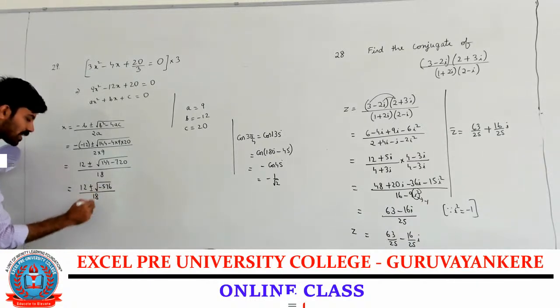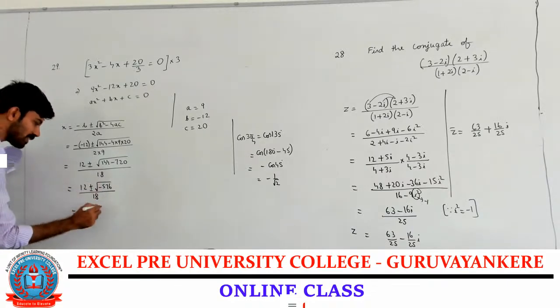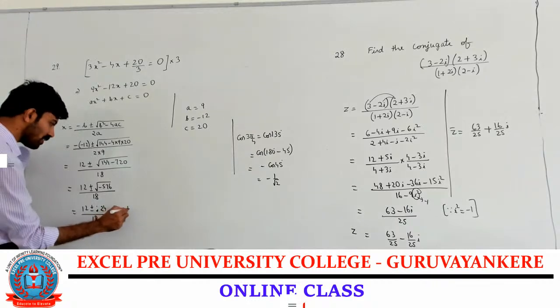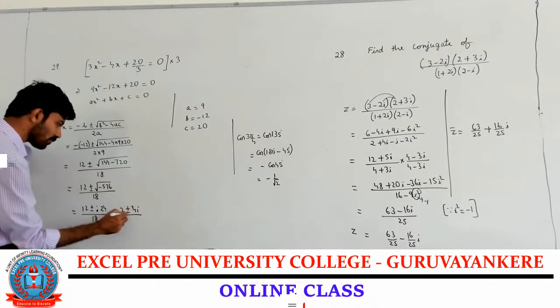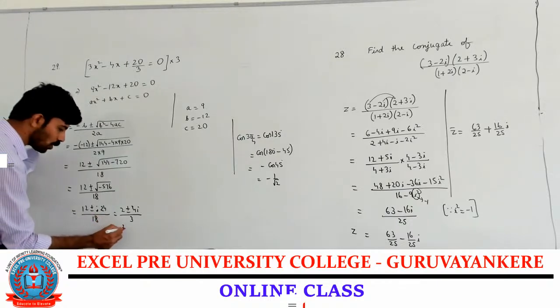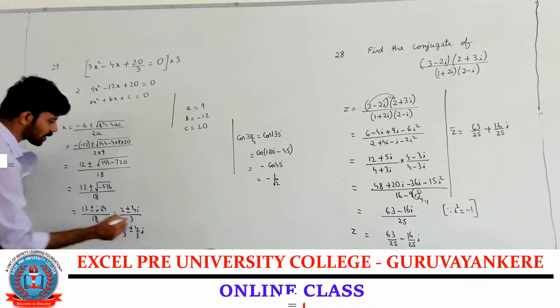Root of minus 1 is i, root 576 is 24, divided by 18. This I can write as 2 plus or minus 4i by 3. We cancel by 6: 6 2s are 12, 6 4s are 24, 6 3s are 18. So this is 2 by 3 plus or minus 4 by 3i.